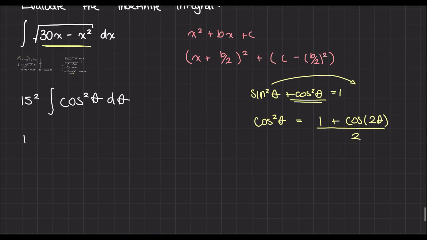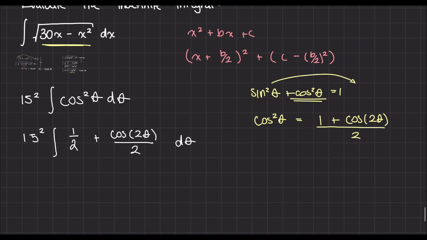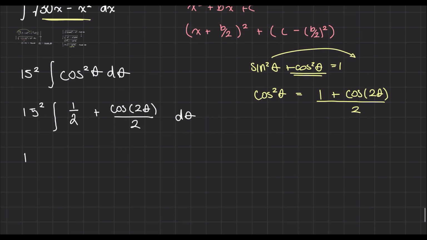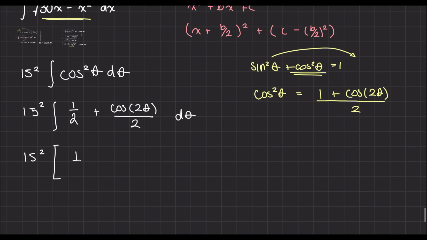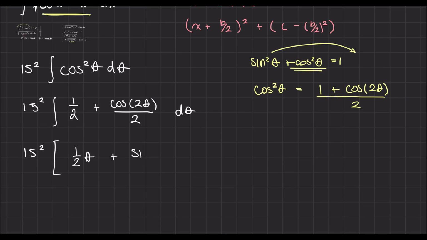We can rewrite this as 15 squared times the integral of 1/2 plus cosine 2 theta divided by 2, d theta. And then if we actually integrate, I'm going to finally start doing the integration. We'll have 15 squared times 1/2 theta, and then the integral of cosine 2 theta over 2, which is sine 2 theta over 4.